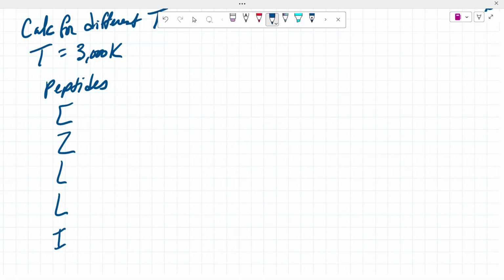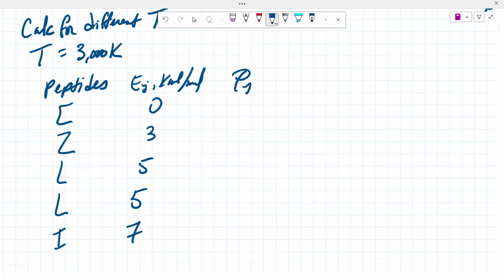And we have the E_J in kcal per mole, which has the values of 0, 3, 5, 5, and 7. And now we have the P_J calculation: 1.0, 0.60, 0.3, 0.43, 0.31.